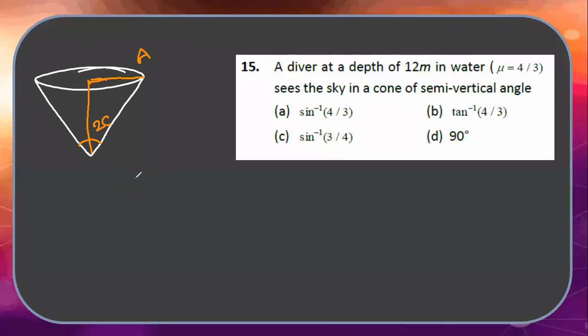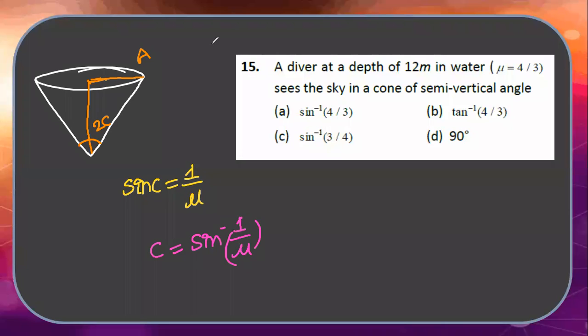So sin c is equal to 1 by mu. Then c is equal to sin inverse of 1 by mu.